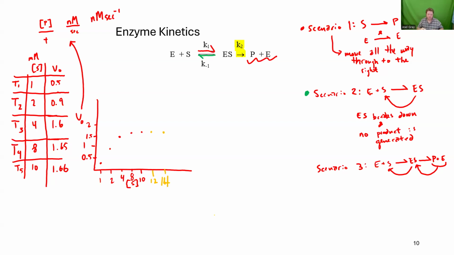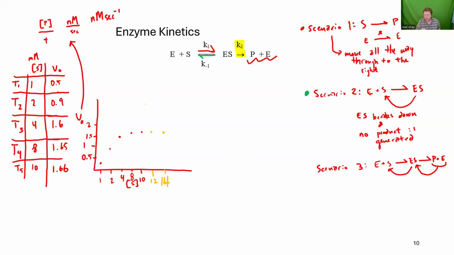This is an imaginary hypothetical enzyme that I'm describing, but it seems like the increase in concentration isn't changing the rate for those last 2, 3 data points. And that's significant because effectively that's saying you've reached a capacity of that enzyme.